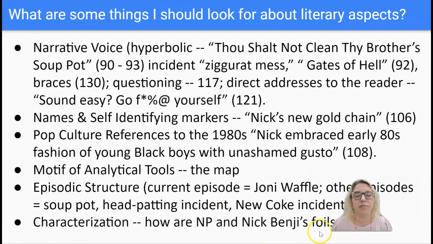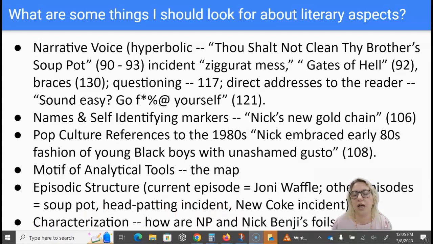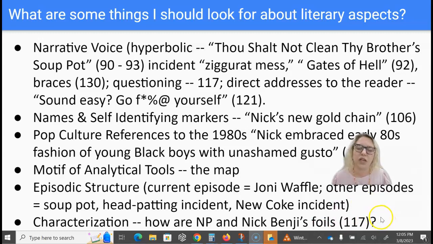And then the characterization. One thing that's kind of interesting is looking at NP and Nick as Benji's foils. A foil is a minor character who serves through contrast to bring out important qualities in a major character. So Benji would be that major character, NP and Nick would be the minor characters.